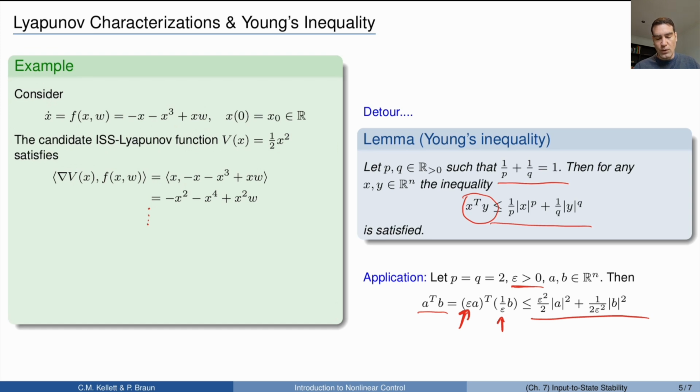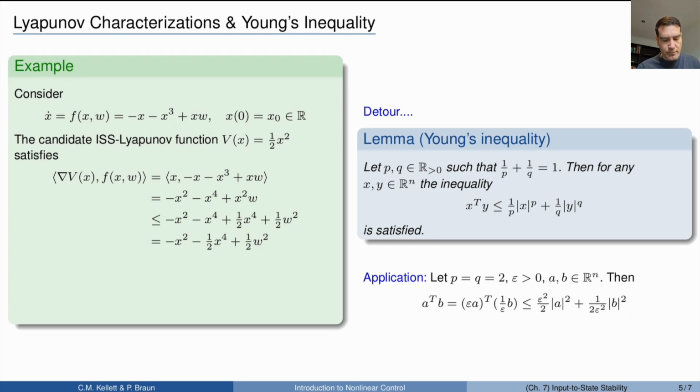We have started with a multiplication A times B, and now we have separated that into a sum of two terms. Okay, so we want to apply that to these terms here, where we have x squared and w, meaning in this case we are using epsilon equal to 1, p and q equal to 1 over 2, then Young's inequality leads to this estimate here.